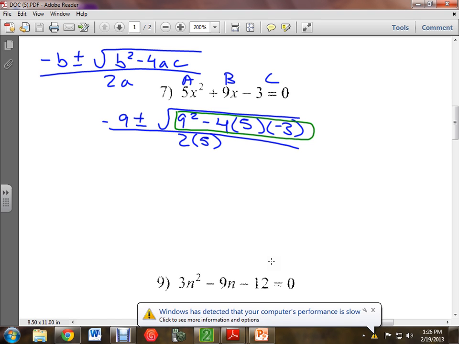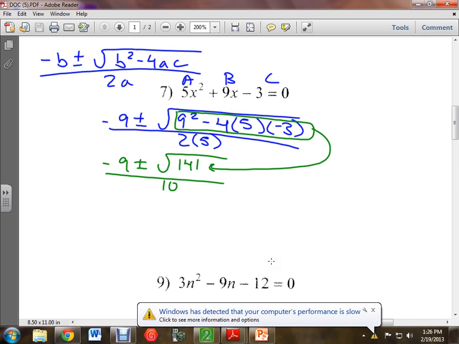What do you say it was? 141. All right, so this is negative 9 plus or minus the square root of 141, that's where this number comes from, all over 2 times 5 is 10.